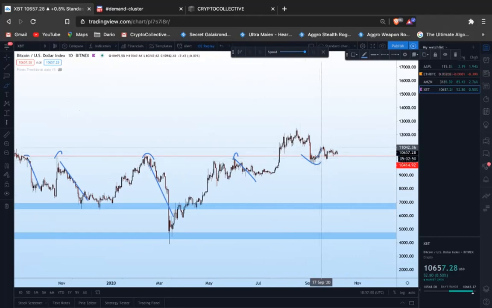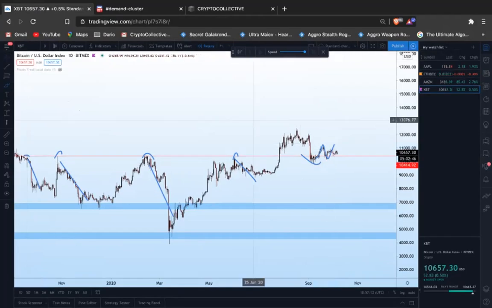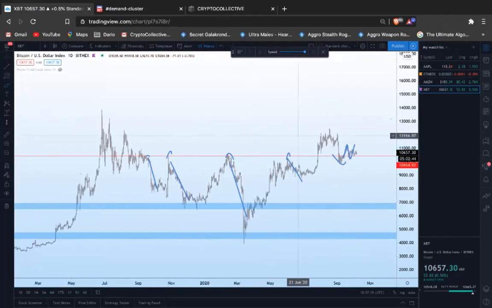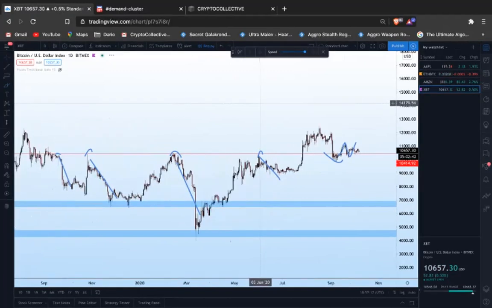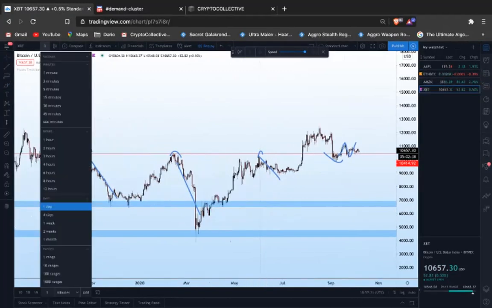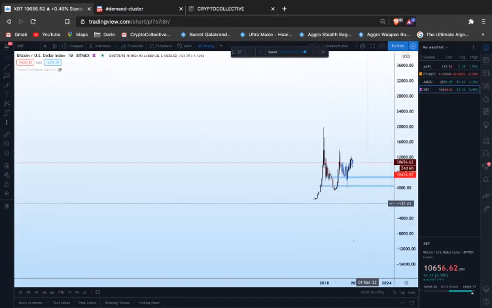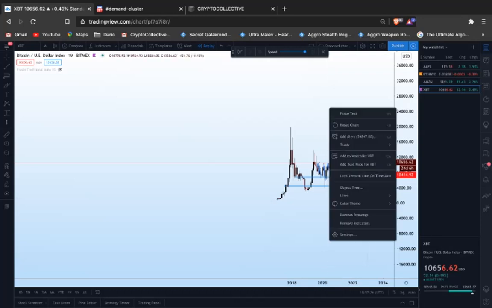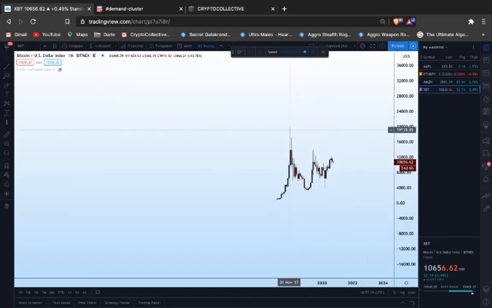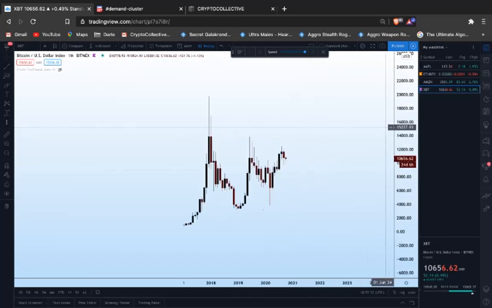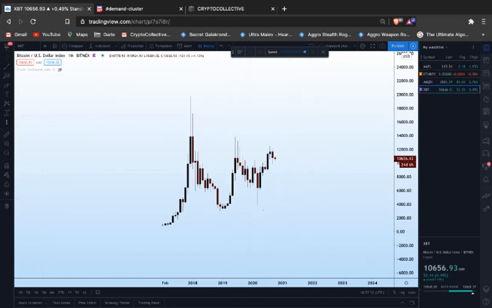But you can see here, we came back to it and we came off it. So they're just the different techniques I use to identify key levels. I always start on the 1 month time frame, and I spend a bit of time and I think to myself, what are the most important areas and what areas are other traders possibly looking at?